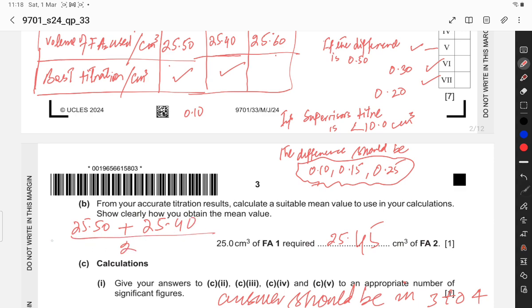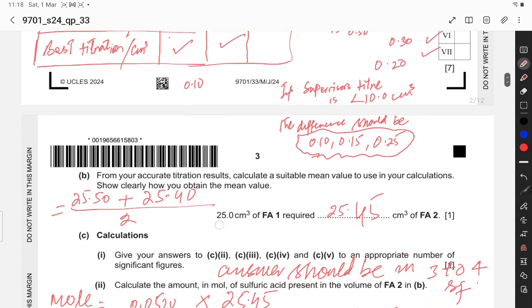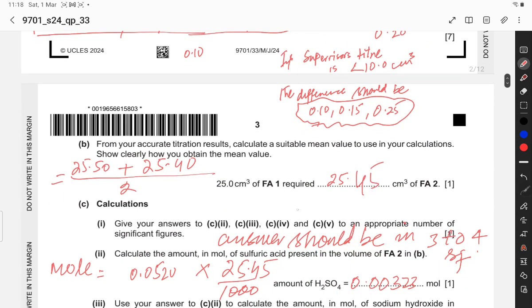By dividing by 2, this is how to get the mean value of the volume used of Fa2. So Fa1 required 25.45 centimeter cube of Fa2.